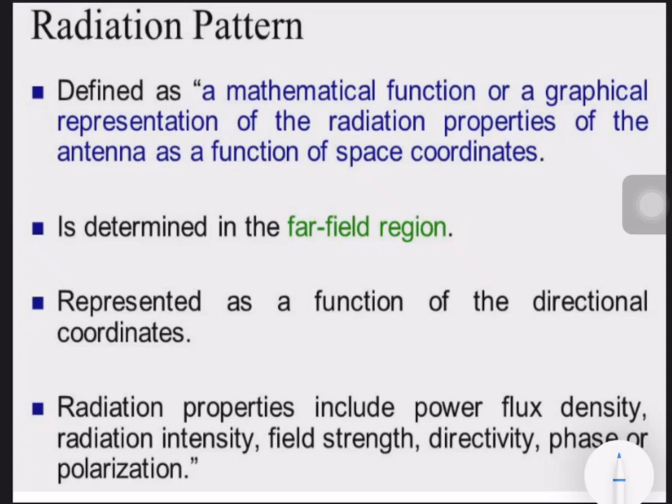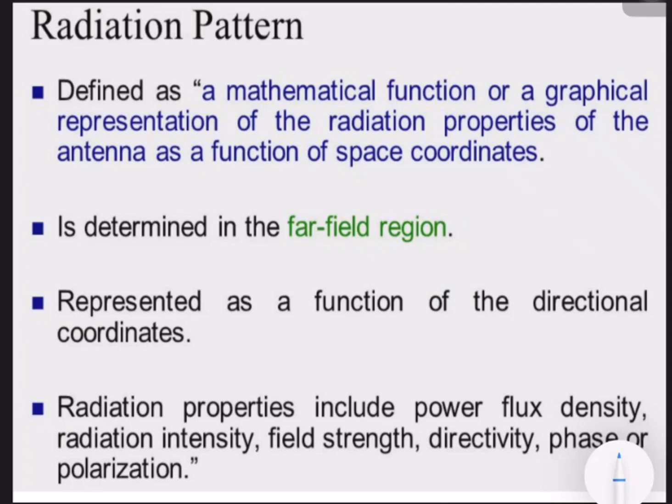And always the radiation pattern is determined in the far field region of an antenna, and it is represented as a function of directional coordinates, because the radiation pattern can be obtained in three coordinate systems and in different parameters.